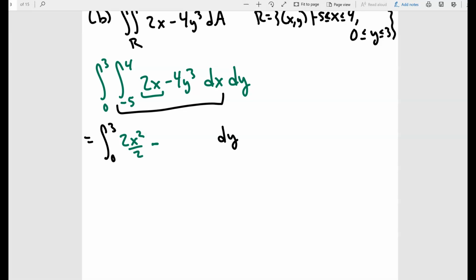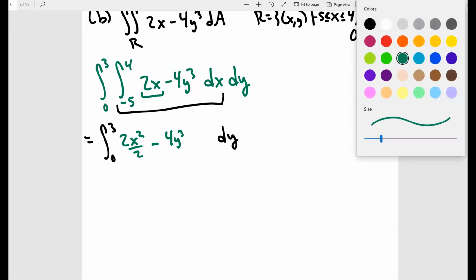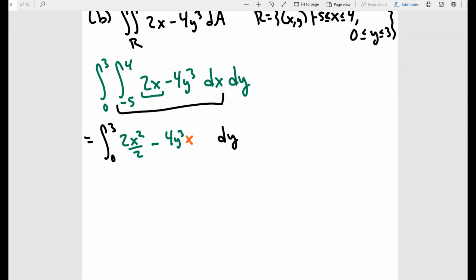So 4y cubed is a constant, so it stays the same. And then the antiderivative of a constant is basically slapping in an x. Just going to put an x there. Okay, that's the antiderivative, and this is going to be between -5 and 4.